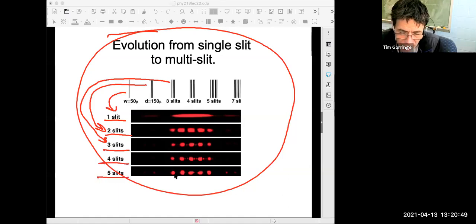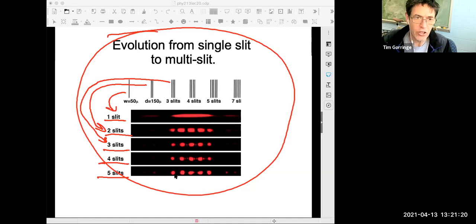As you walk from the broad single slit diffraction pattern towards many-slit patterns, you get larger and larger regions of dark, destructive interference. Sounds gloomy. And then you get very intense spots of constructive interference.